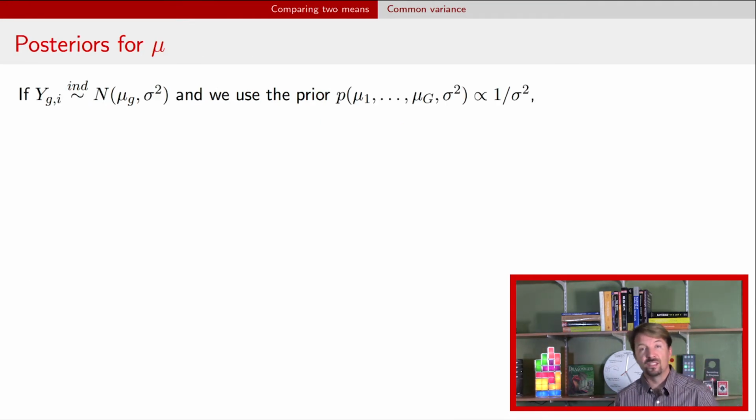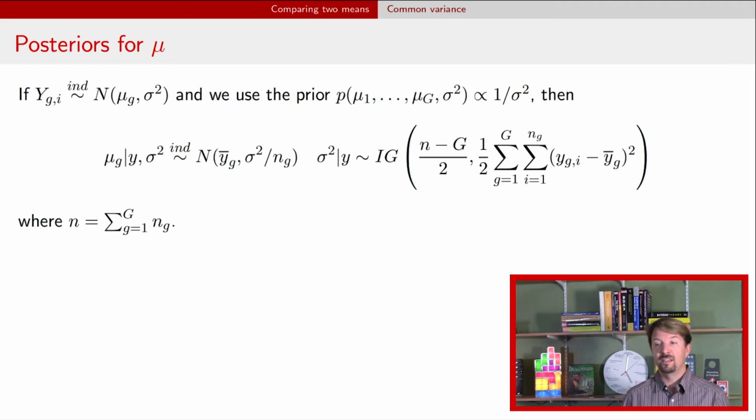All right, so we can do the same approach as a Bayesian. As a Bayesian, if we assume that those variances are all the same, now we need a prior over all the model parameters. That prior that we're going to use is a prior that you've seen before, just 1 over sigma squared. That means it's uniform for all the means, and just 1 over sigma squared for that variance. If we assume this prior, it turns out the mathematics are a little bit more complicated because we can't actually just get a posterior for each of the means individually.